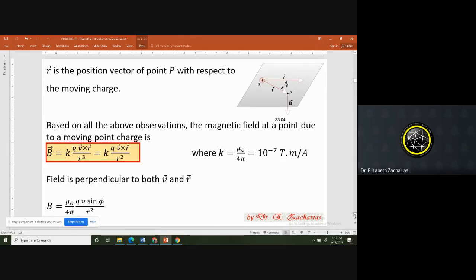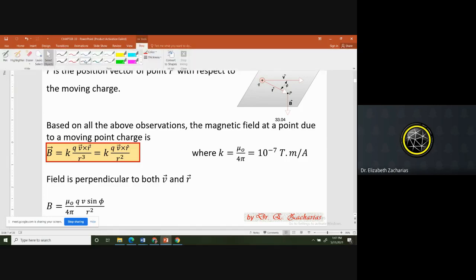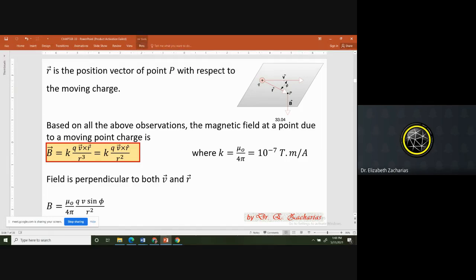So once more, I have defined what is R. R is the position vector of the point P. What is point P? Point P is the point where I'm interested in finding the magnetic field. So R is the position vector of point P with respect to the moving charge. The moving charge is the origin. So now, after combining all this, if you try to see how the magnetic field will be, you see here, this is your moving charge. I have a point P here.